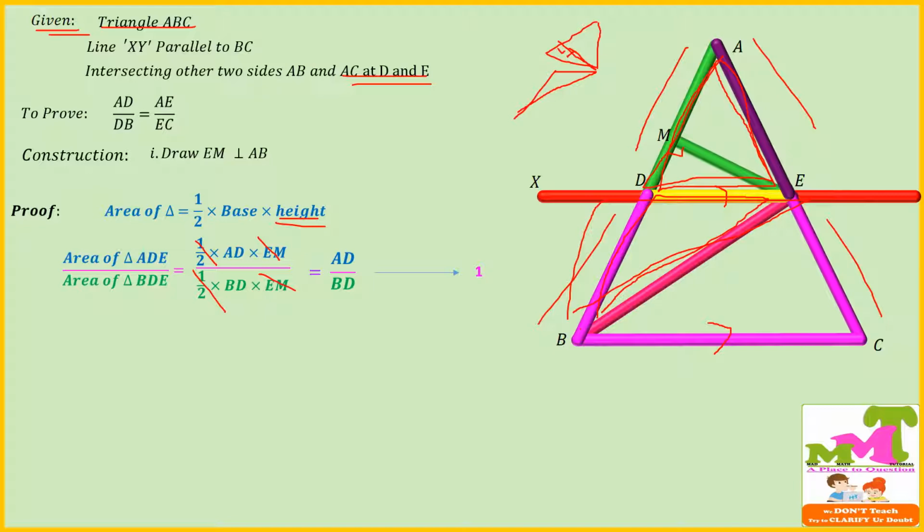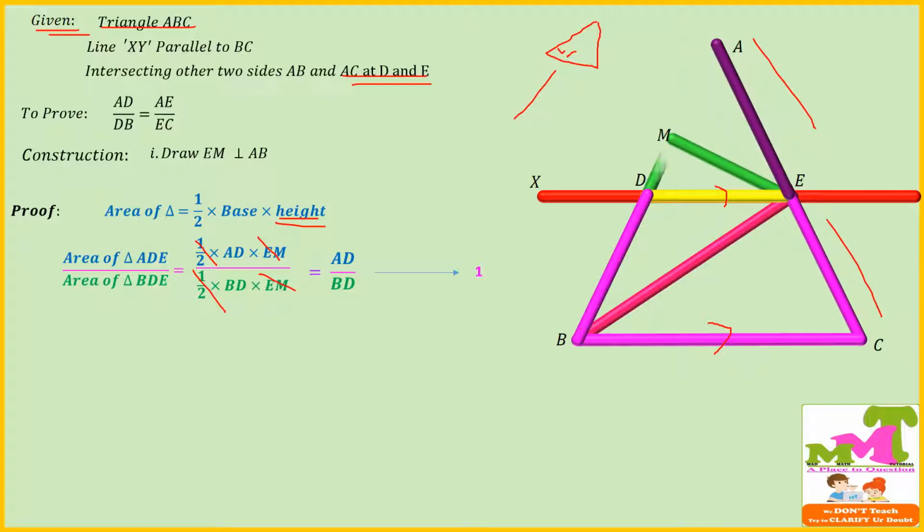Yes, coming to the next part, let me consider another triangle. Before that, let me just try to clear the markings on the triangle. Okay, now let's go with this. The next point I am trying to talk about is that I'm going to consider another two triangles.